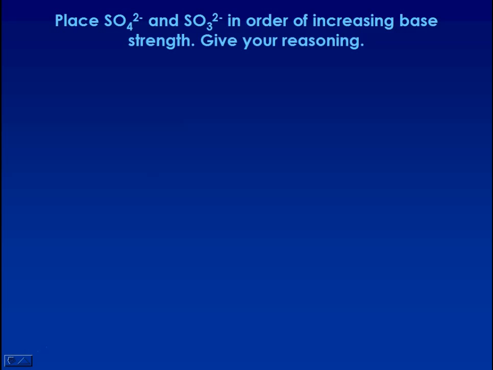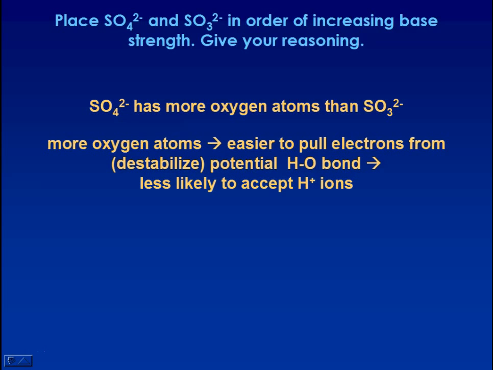It's going to be more negative on the SO4 molecule with the extra oxygen atom, and therefore make that bond more easily polarized than it would have with SO3 2-. And so because that potential H-O bond is less stable with SO4 2- than it is with SO3 2-, SO4 2- is the weaker base, and SO3 2- is the slightly stronger one.